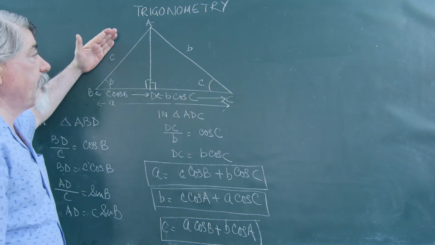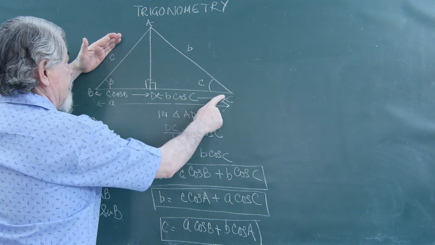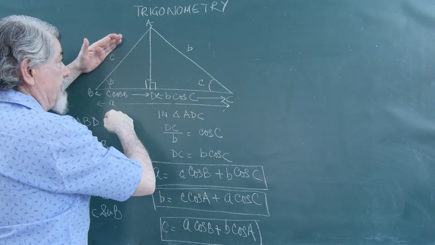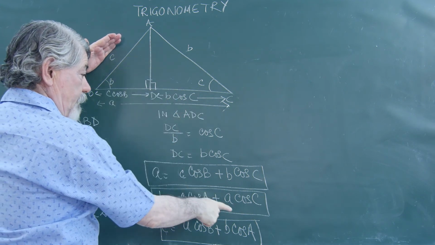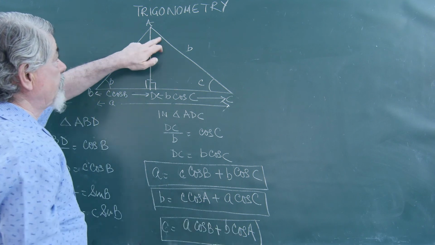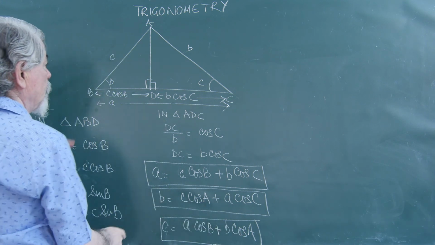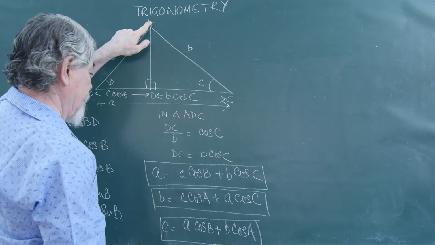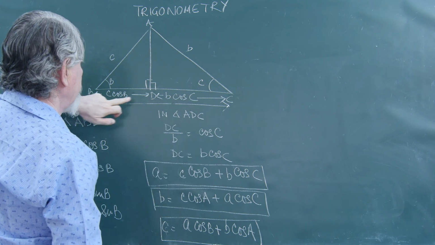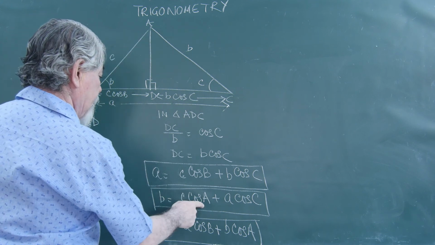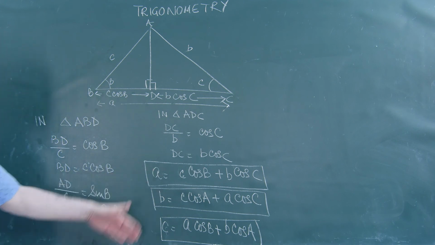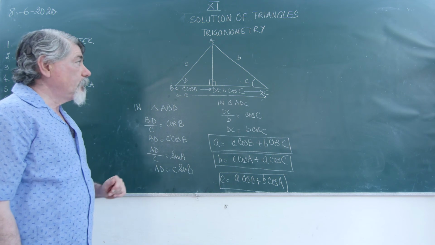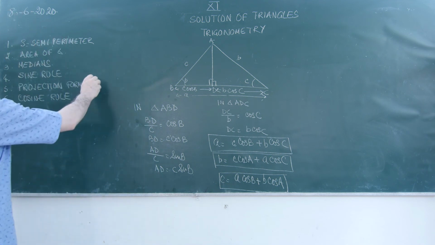The projection on c will be a cos B plus b cos A. Similarly, b will be equal to c cos A plus a cos C. So these three formulas taken together are known as projection formulas. So we have done this.